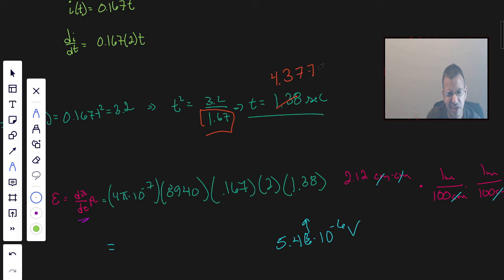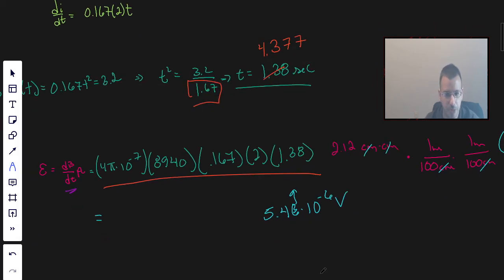4.377. And so now we go back to this and we plug in 4.377 here. We get a different answer, and we get a value of 1.74 times 10 to the negative 5th volts. This was a negative, even up there when I got the answer wrong.